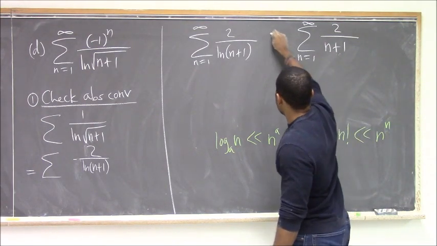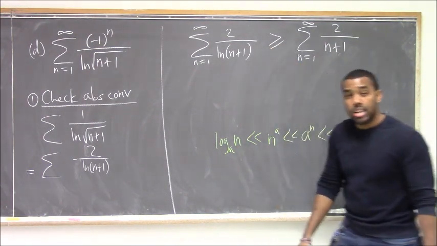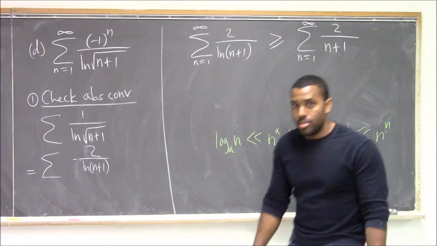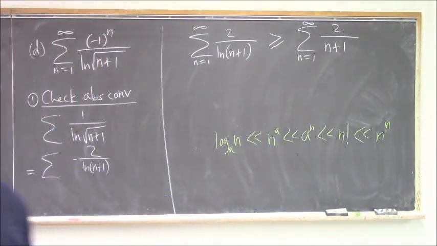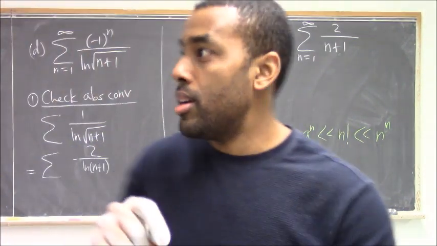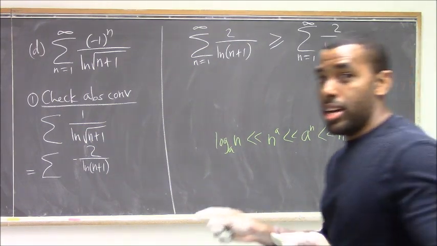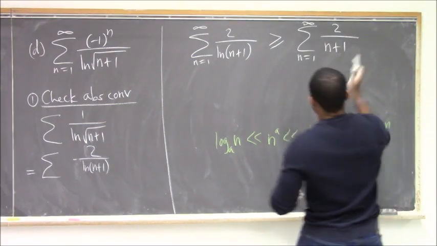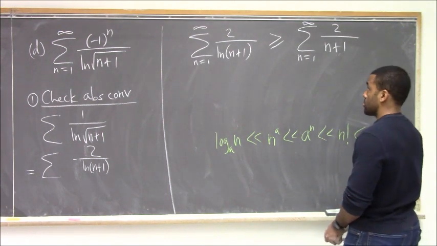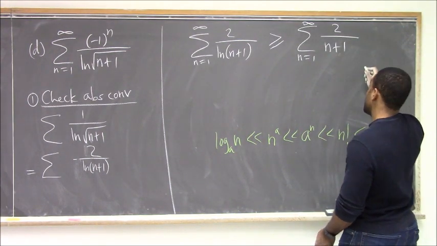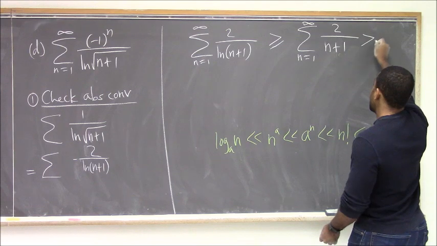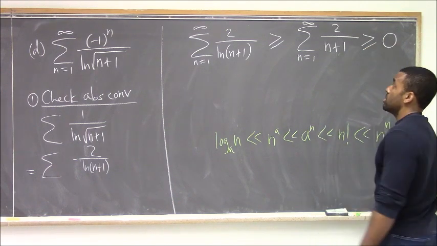So this guy is smaller than or equal to that guy. Do you see what to do now? If you haven't finished the problem, maybe pause right now and actually try to solve the problem. Okay, you had your chance. So this guy here, you will know obviously is larger than or equal to 0.